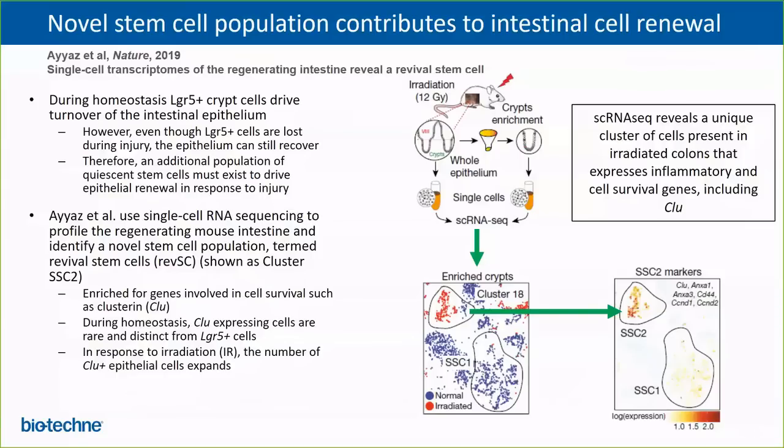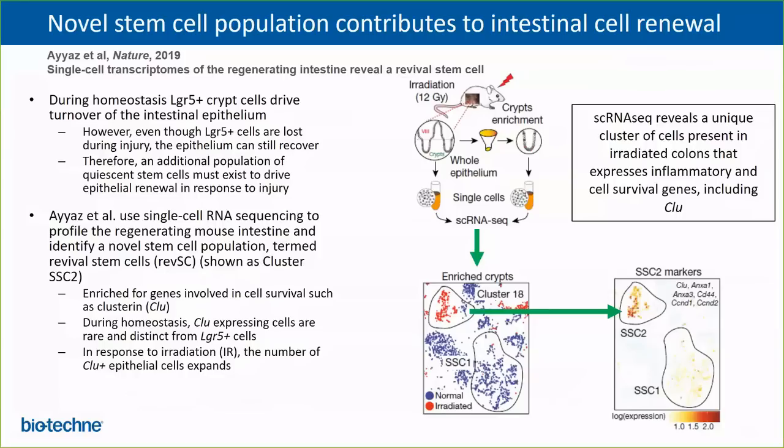Therefore, an additional population of quiescent stem cells must exist to drive epithelial renewal in response to injury. Researchers from Alex Grigorev's lab at Mount Sinai Hospital in Toronto used single-cell RNA sequencing to profile the regenerating mouse intestine and identify a novel stem cell population, which they termed revival stem cells, shown here as cluster SSC2 on the t-SNE plot.